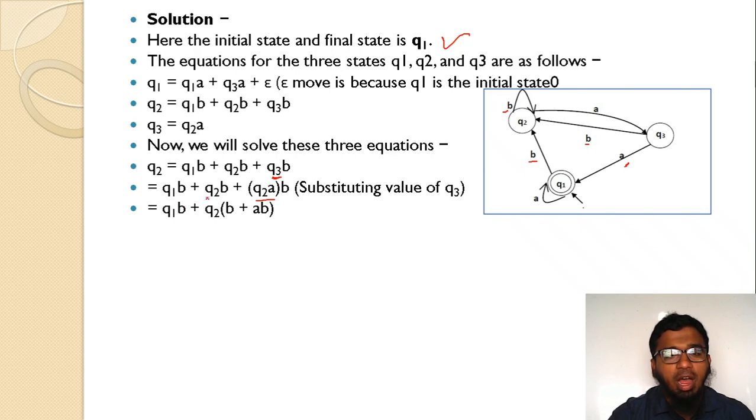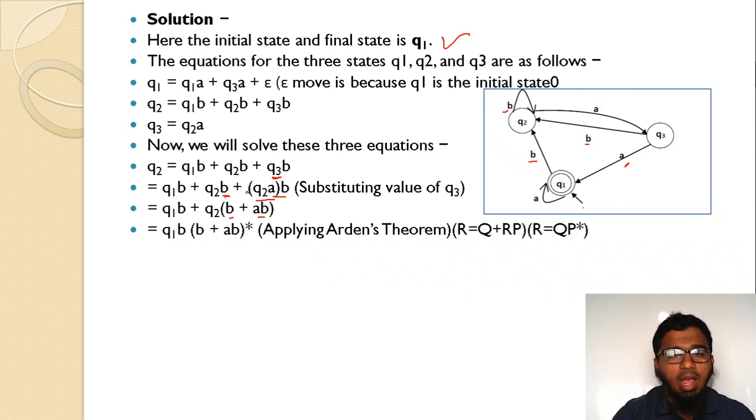In the next step I am taking the common factor: Q2B plus Q2AB, so I take Q2 out. The remaining is B, then AB concatenated. After taking out Q2 we got this equation.